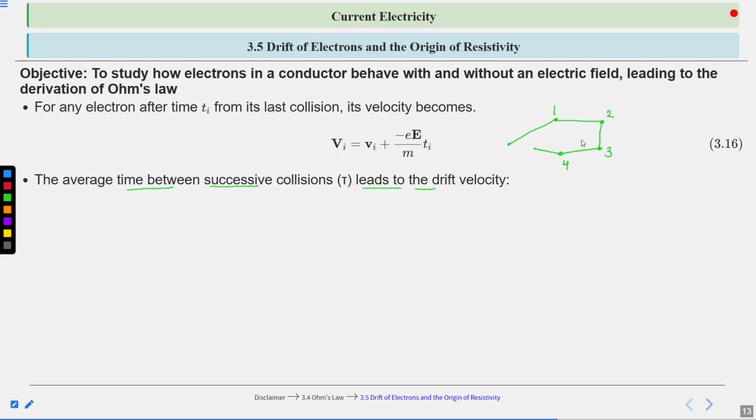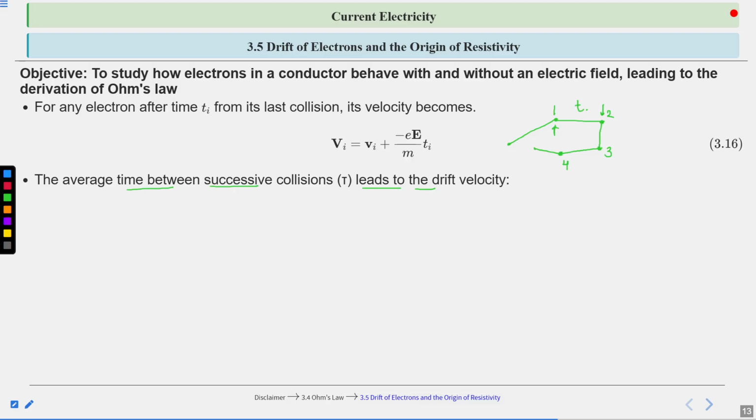So also, the time taken between the first collision and the second collision is the relaxation time. Time between two successive collisions is known as relaxation time.